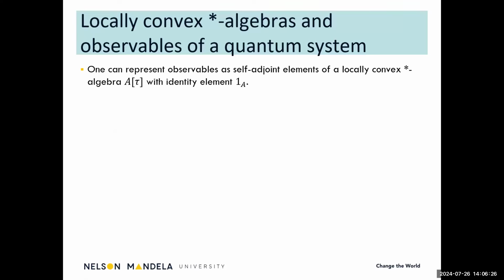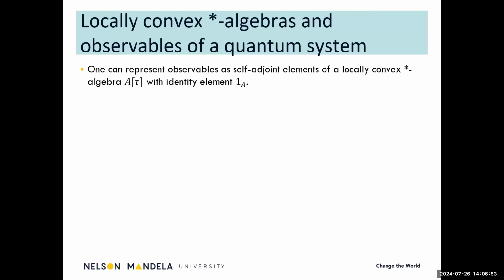But now what one can also do is to move over to locally convex star algebras and observables of a quantum system. That is because most of our observables, such as position and momentum, are mostly unbounded operators on a Hilbert space. And the question is, how do you work with unbounded operators?